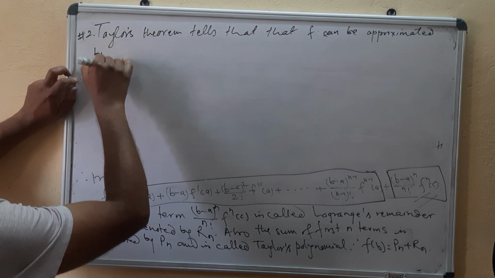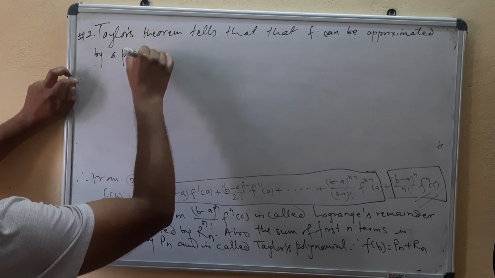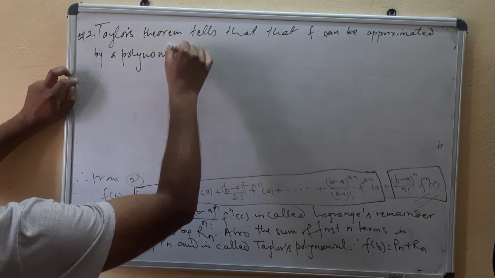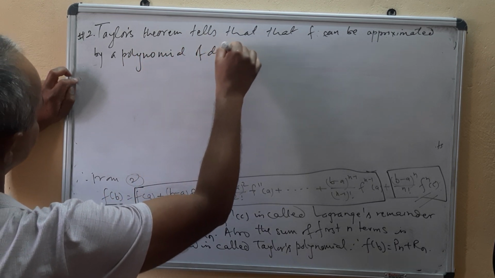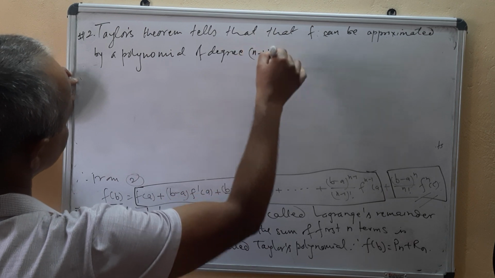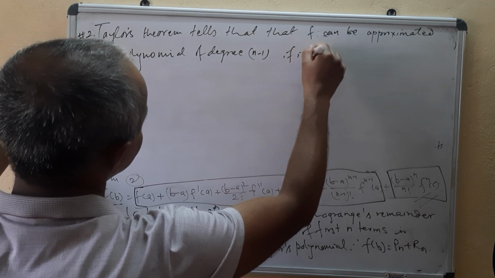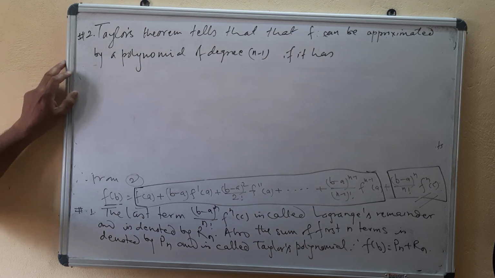Approximated by a polynomial of degree n minus 1 if it has a derivative of order n.